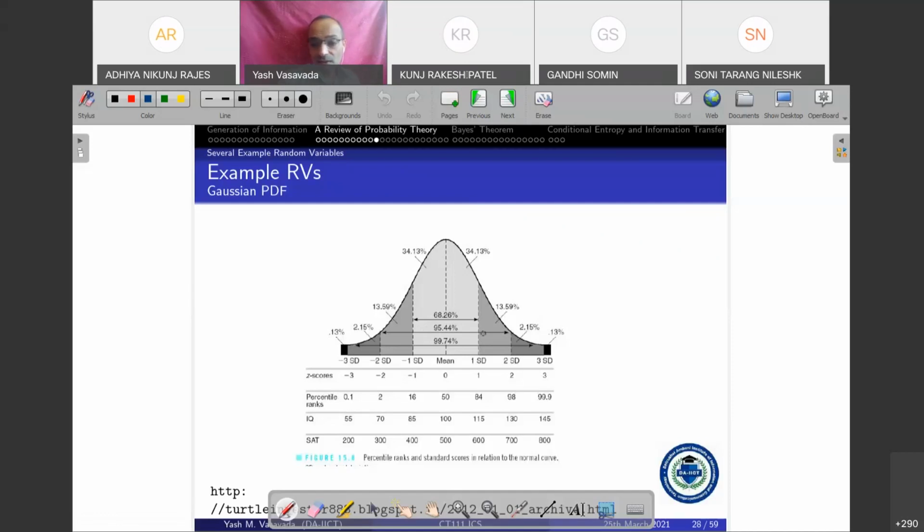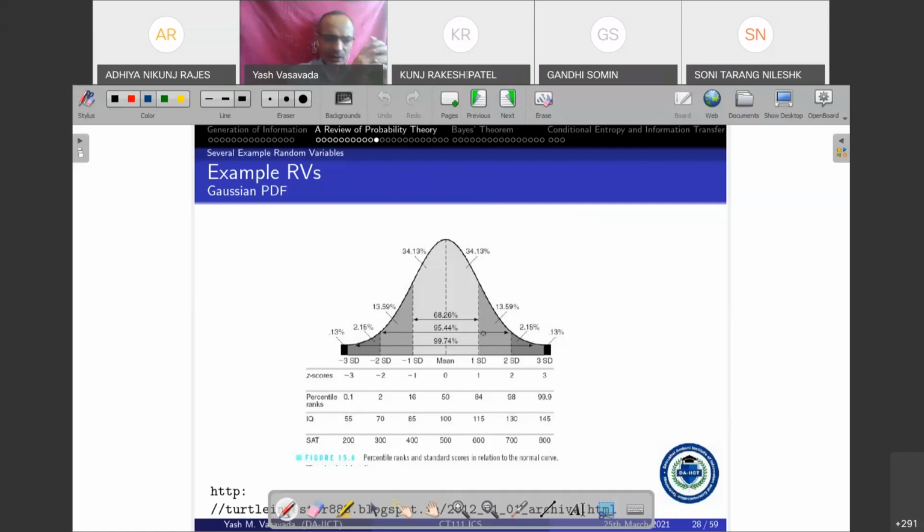So it's pretty high. Basically, a Gaussian variable, you can kind of trap it. With 95.4% chance, the value is going to be within plus or minus 2 standard deviations of the mean. And if you go to 3 standard deviations, then you are almost always going to find the value there. Most of the values, 99.7% of the values that the Gaussian variable takes, are within plus or minus 3 standard deviations of the mean.